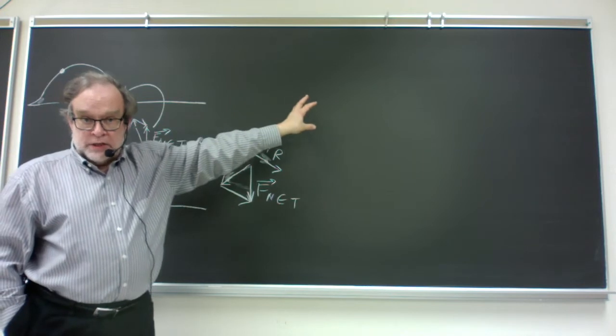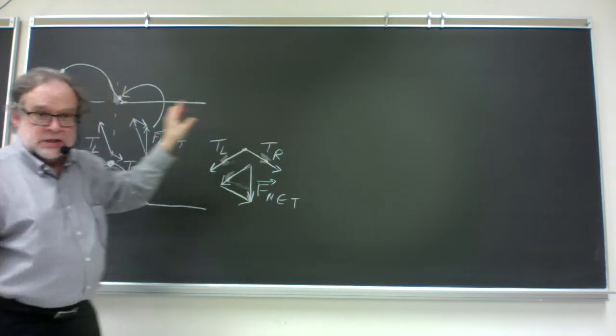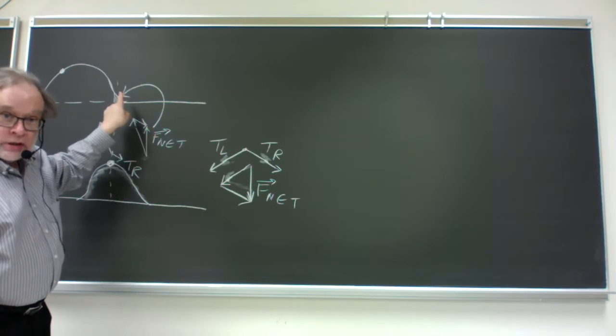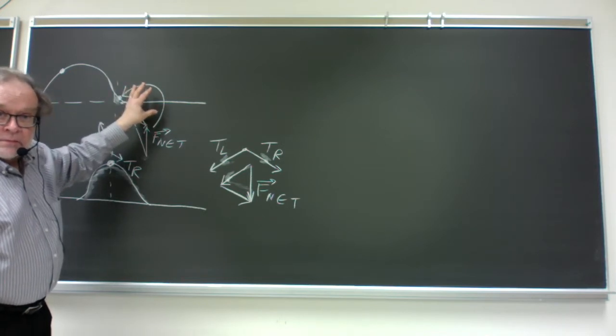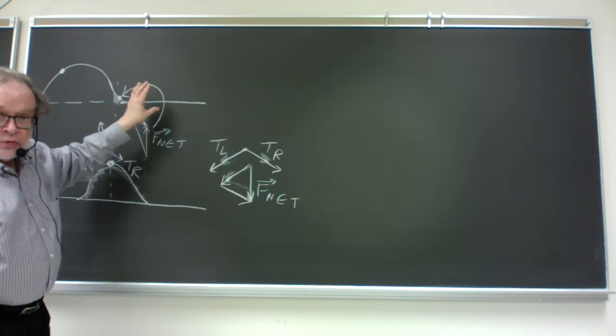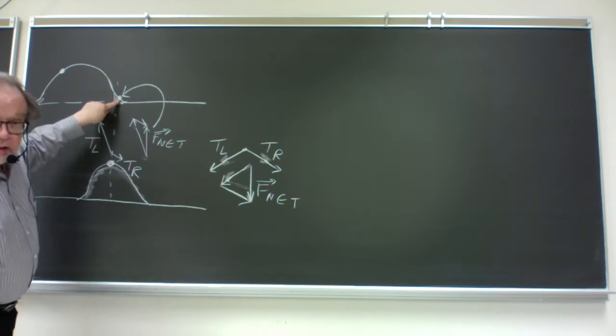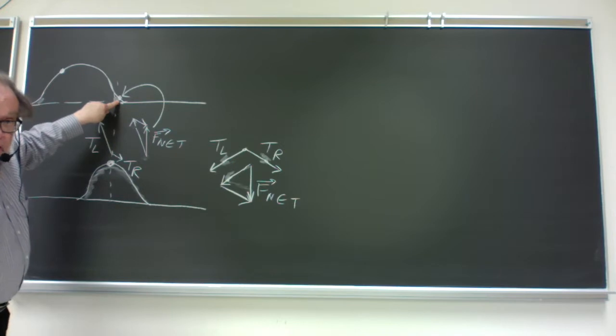It moves down the string because this end of the pulse pulls on pieces of the string immediately in front of it. For example, this pulse is pulling on this little piece of the string here.